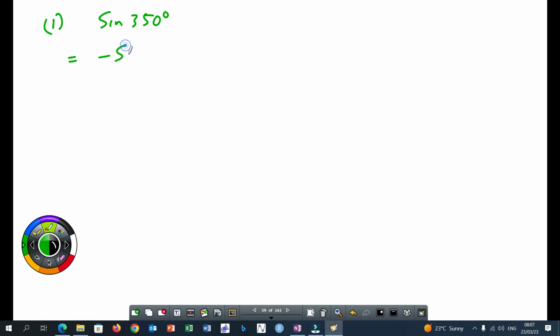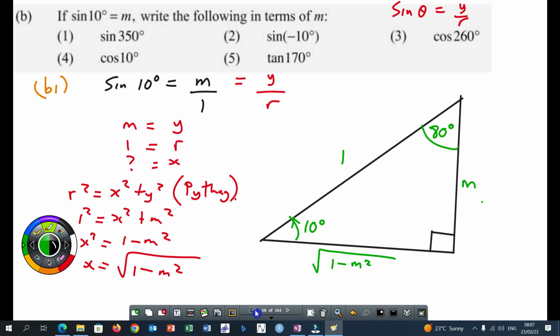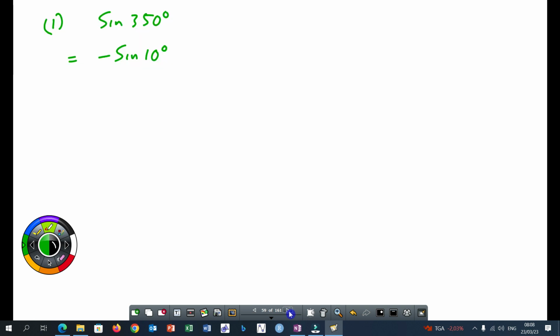So this will be minus sine 10 degrees. Then you go to your diagram. You can use trig ratios here. This is the reference angle. That's the opposite side. This is the hypotenuse. So sine 10, you can use the diagram, or you can use the original equation. Sine 10 degrees is equal to m. So our answer here will be minus m.